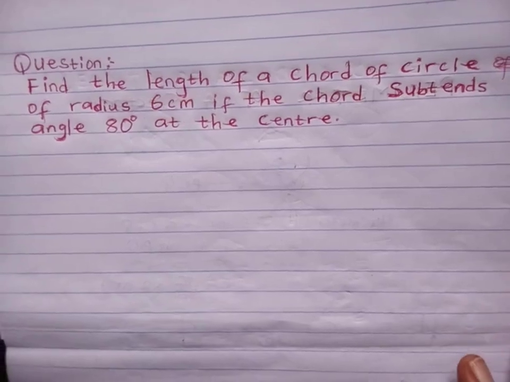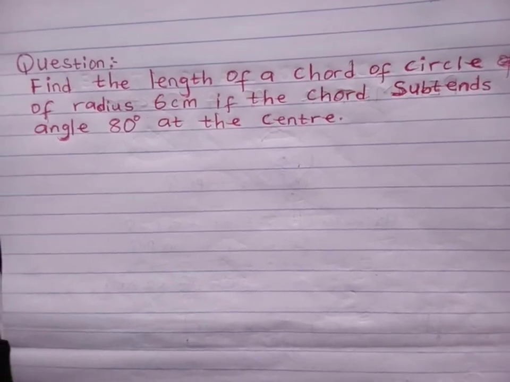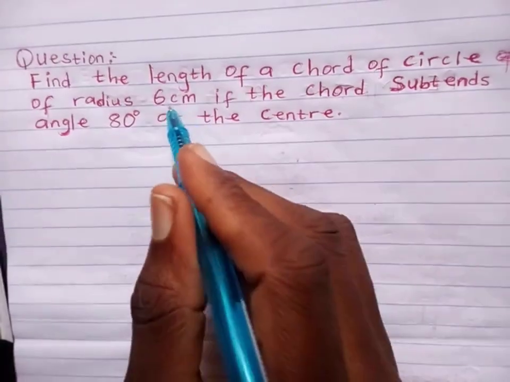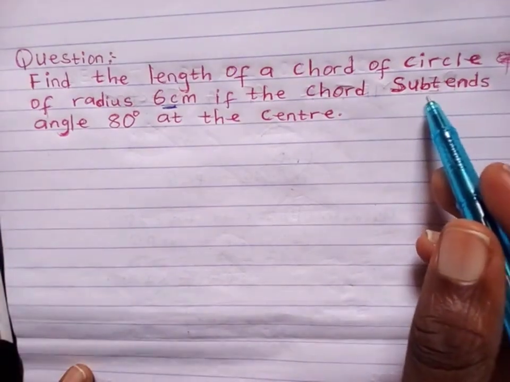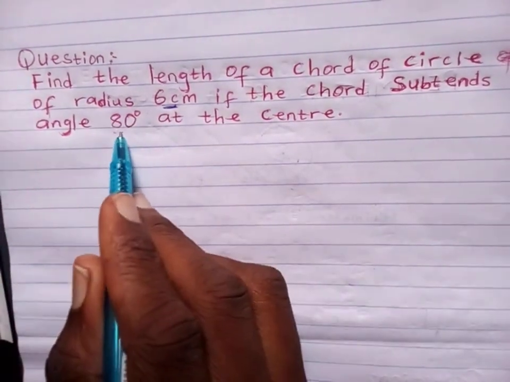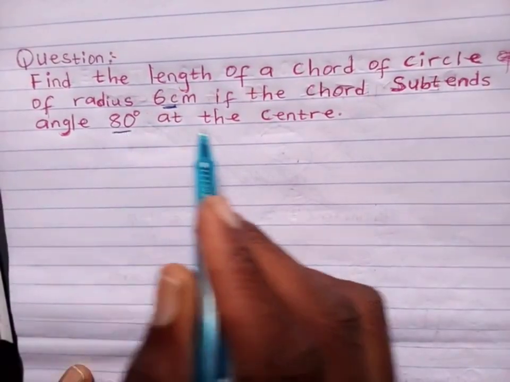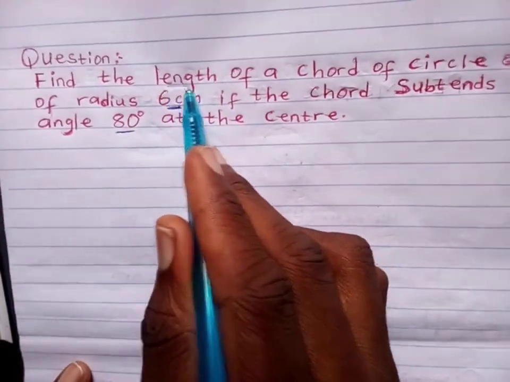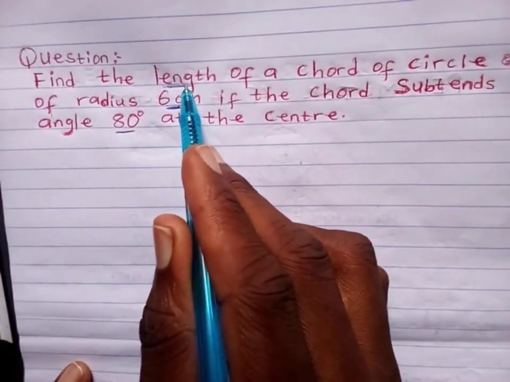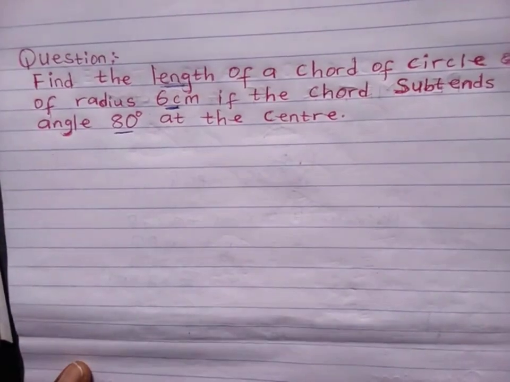The question says we should find the length of a chord of a circle of radius 6 centimeter, if the chord subtends an angle of 80 degrees at the center. So what are we required to find? We are required to find the length of a chord of a circle.